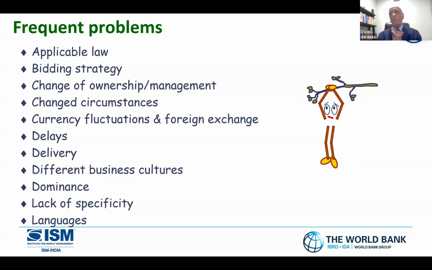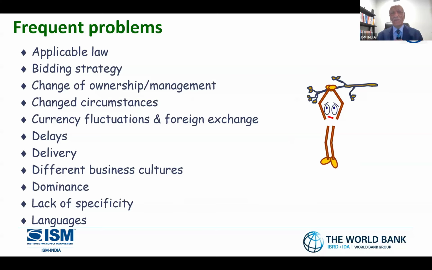The frequent problem which we have, and this is where FIDIC will solve all of them, is applicable law. Certainly with FIDIC there has to be some applicable law. I'm doing a project in Sierra Leone, in South Sudan, in Poland, India, the US, any country. There is applicable law. Bidding strategies, change of ownership.